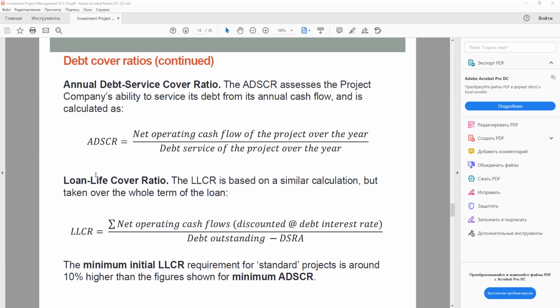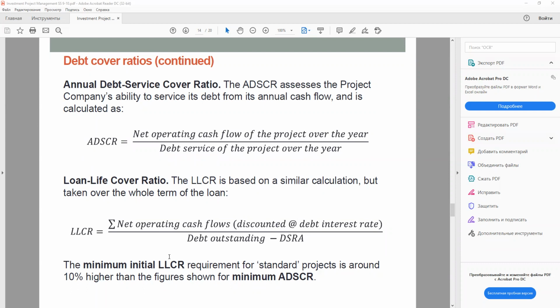So recall our cogeneration project: if we have no off-take contract or no price hedging, so no adjusting for inflation, etc., this will ultimately lead us to higher ADSCR levels. Higher coverage levels would be required for a project with non-standard risks or located in a country with a poor credit risk.